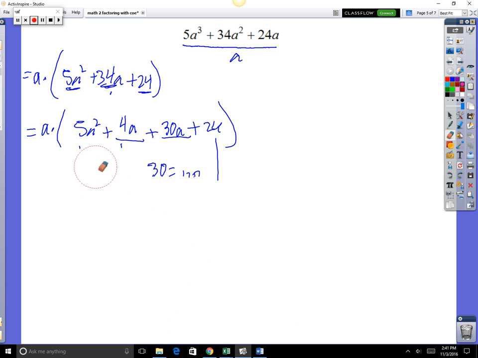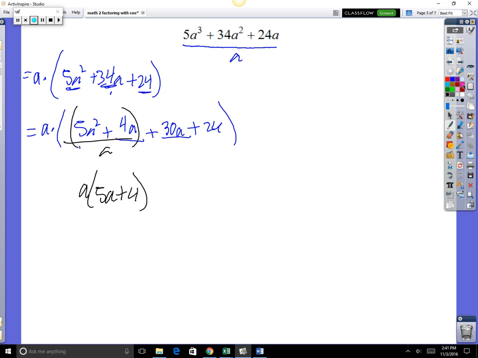We've got 4 terms, so let's use grouping. I'm going to group these together, 5a squared and 4a, and out of those I can divide out just an a, so it's going to be a times 5a plus 4. And out of this group, 30a and 24, I can take 6 out of both, so it's going to be 6 times 5a plus 4, and look what we got here. We are in business.